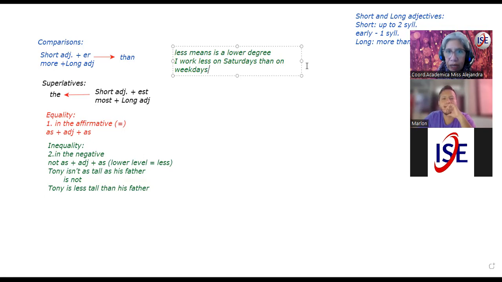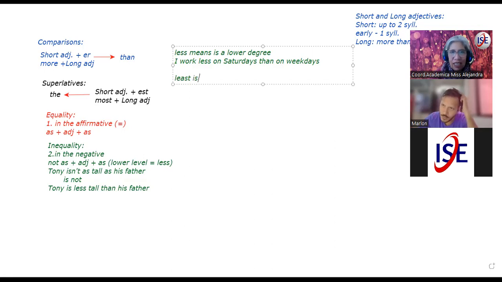In a lower degree. For example, I work less on Saturdays than on weekdays. What does it mean? That I work more on weekdays than on Saturdays. So when I use less, it means a comparison in a lower degree. Okay, and least, it is the lowest degree.